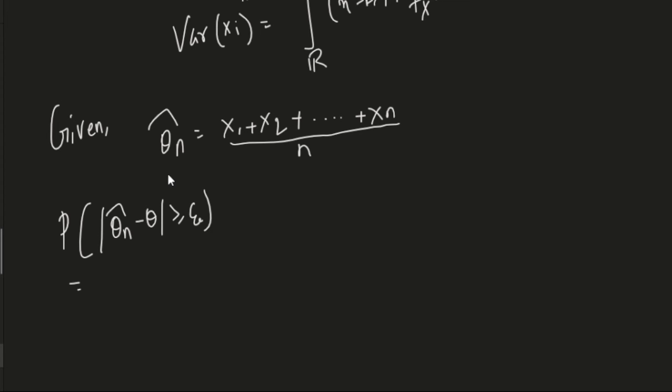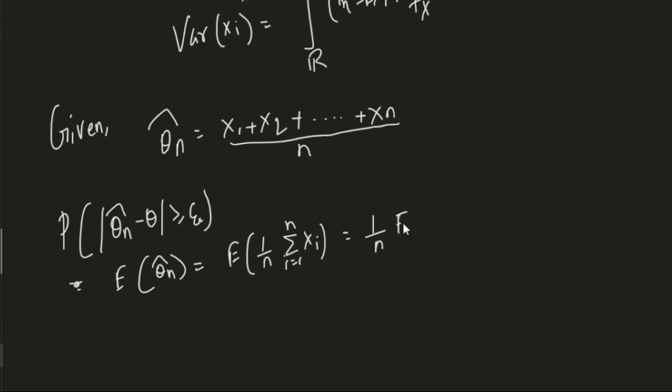Now this means we can use Chebyshev's inequality here, because E of theta n cap is E of 1 by n summation of i equals 1 to n xi, which is 1 by n times n theta, and this becomes theta.